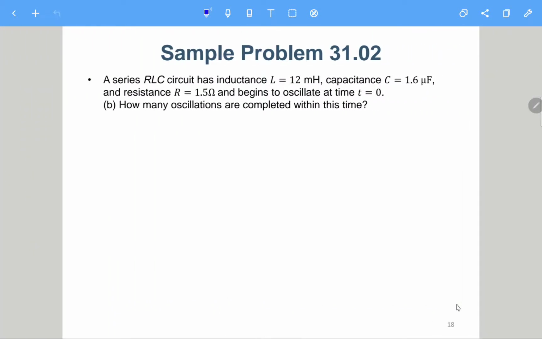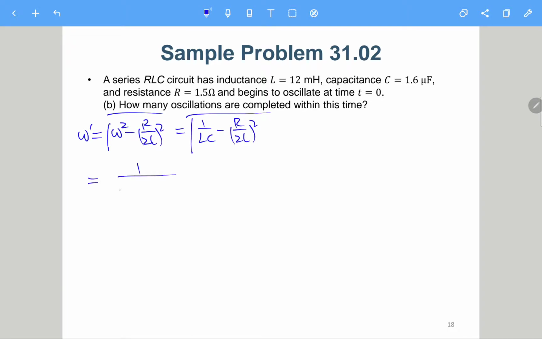Okay, so for part B, how many oscillations are completed within this time? Actually we need to calculate the exact value. So we use this formula, which is the square root of 1 over LC minus (R over 2L) squared.